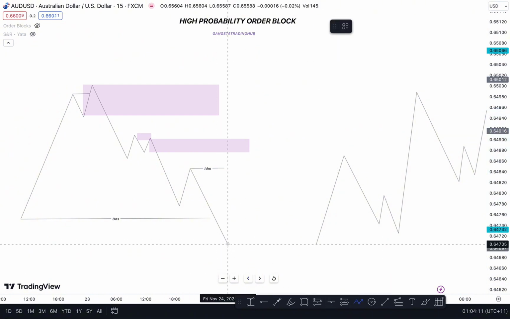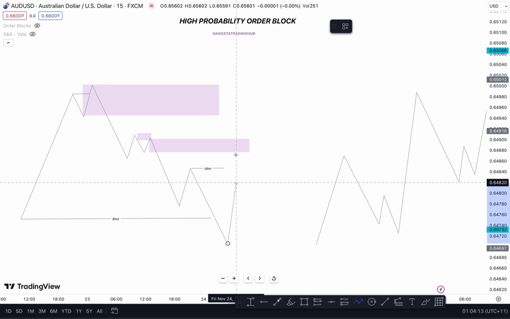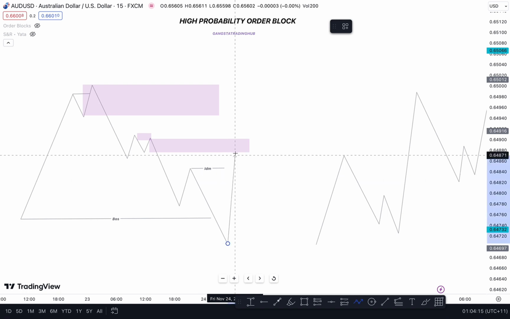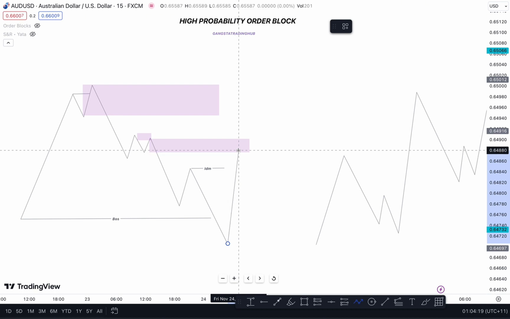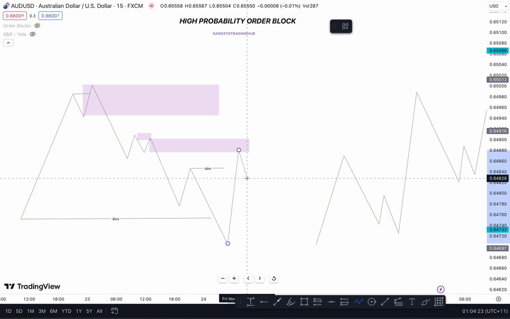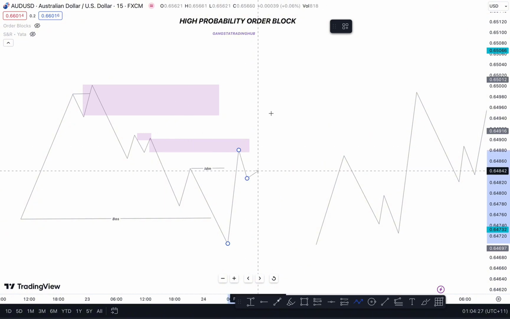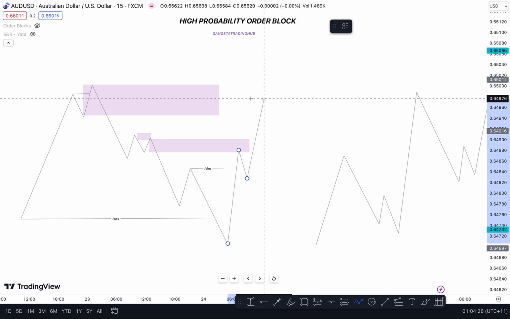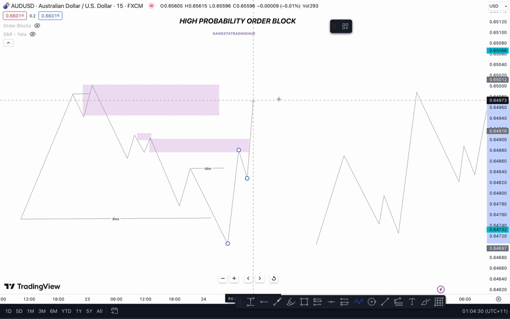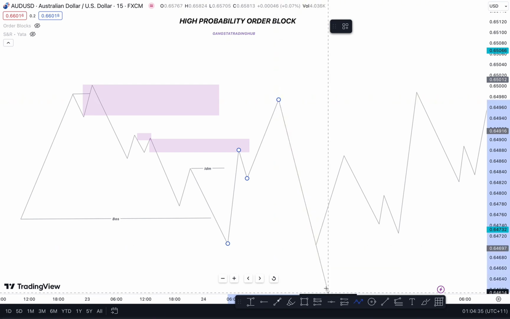Markets might give you a reaction like this after taking inducement. And this is the seasonal pullback I usually tell you guys about. So price might tap on this order block and give you a little reaction. That is because of the people that are selling on this order block. Then price is most likely to tap on the extreme order block, right? And then continue trading to the downside.